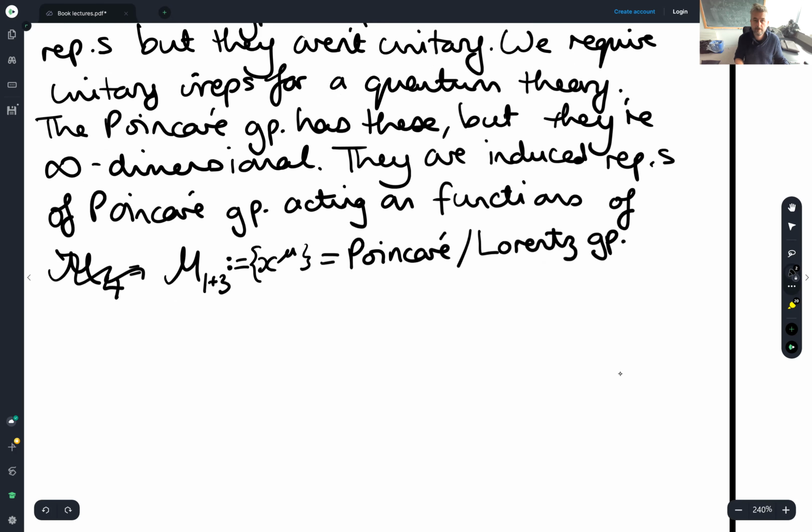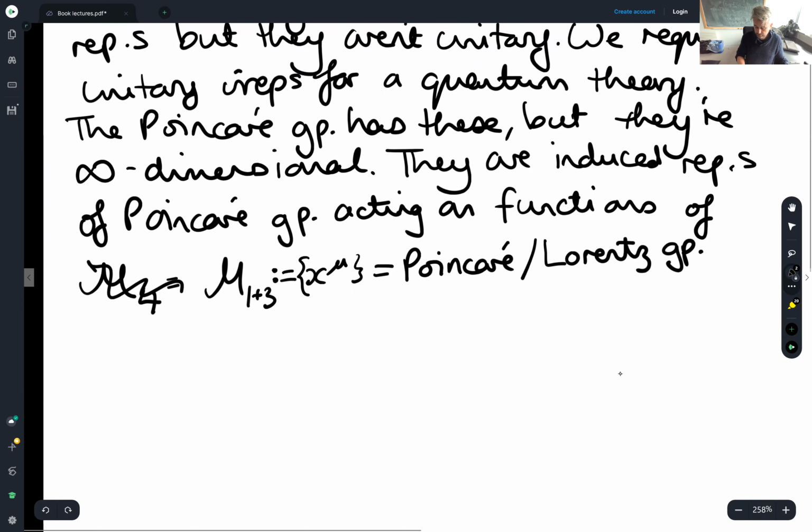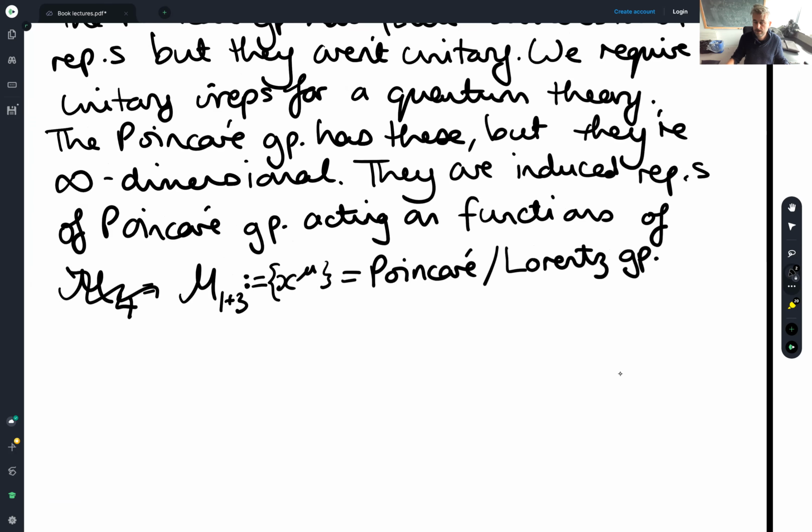If you think about it, Poincare involves translations and Lorentz transformations, but we have an equivalence relation between all states which are related by a Lorentz transformation. The theory is going to be Lorentz invariant, and so doing a Lorentz transformation won't change any of the physics at all.